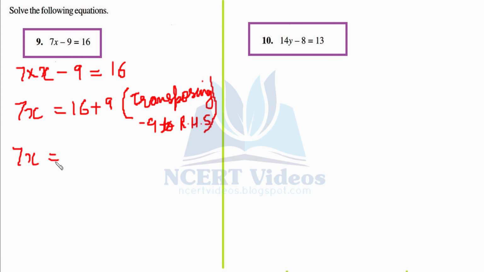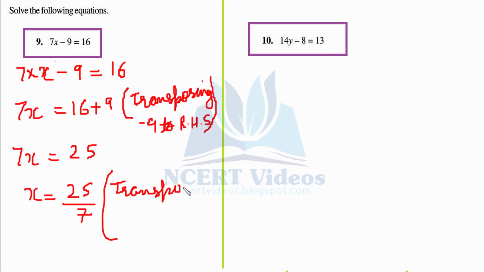7x equals 25. Now we have to get rid of the 7. It is getting multiplied. It will get divided on the RHS. So x would give you 25 over 7, because transposing 7 to the RHS, that is the right hand side. So this is our required solution.